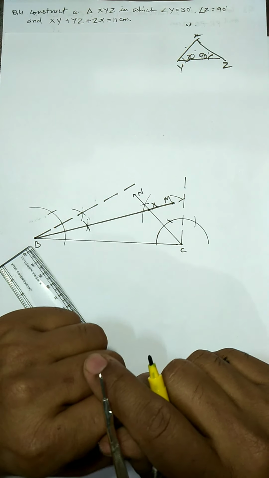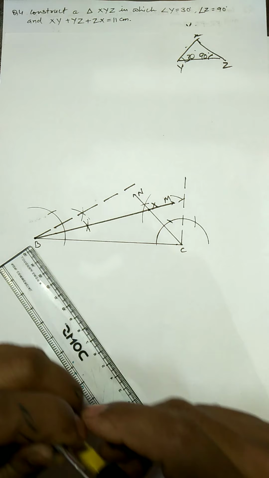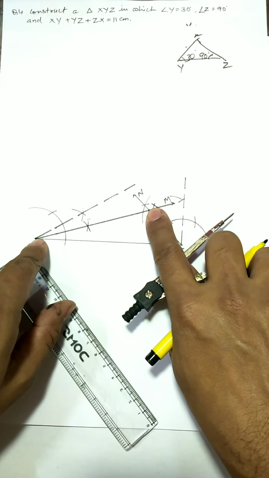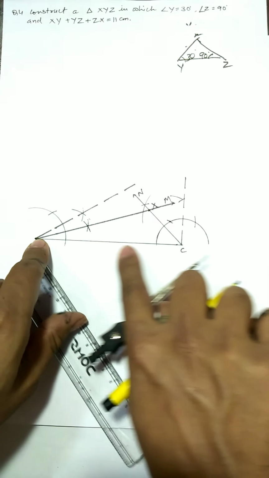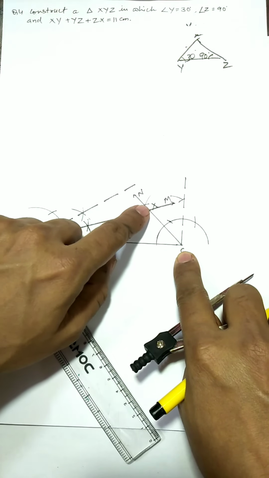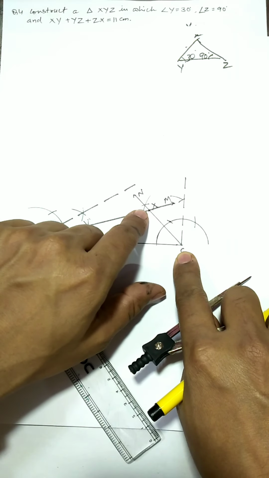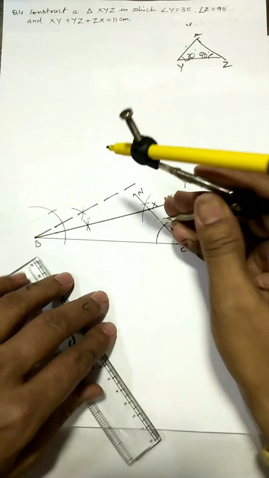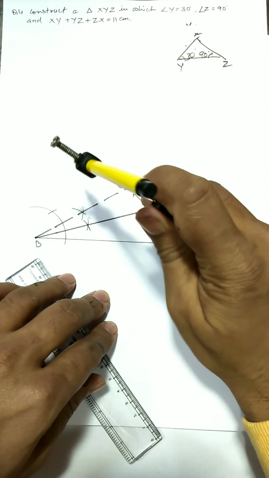Now next thing is you draw the perpendicular bisector of BX, which will cut this BC somewhere at this point, and similarly we'll be drawing the perpendicular bisector of XC also. So first we are drawing for XB. So open it more than half.